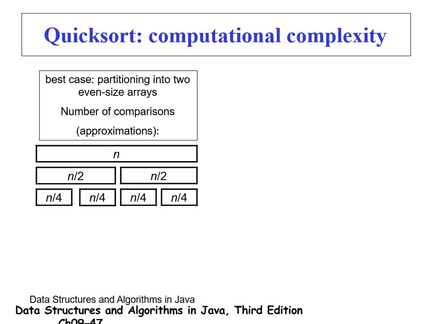Let's say N is 64. 64 divided by 2 is going to be what? 32. 32 divided by 2 is going to be 16. 16 divided by 2 is going to be 8. 8 divided by 2 is going to be 4. 4 divided by 2 is going to be 2. And 2 divided by 2 is going to be 1. One for each.